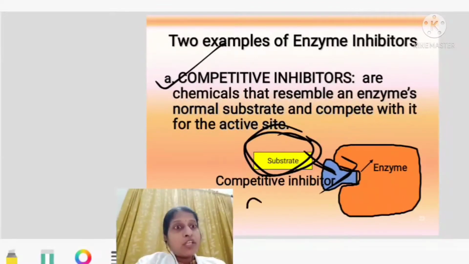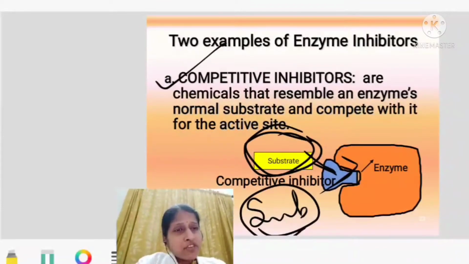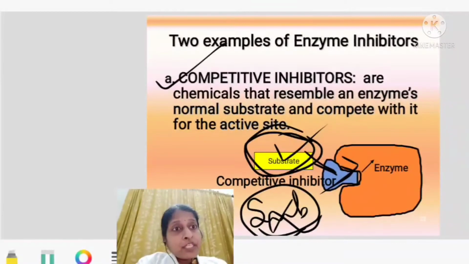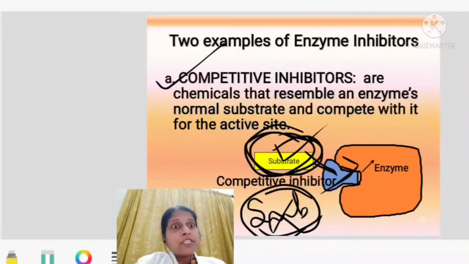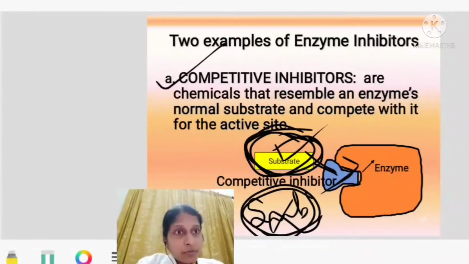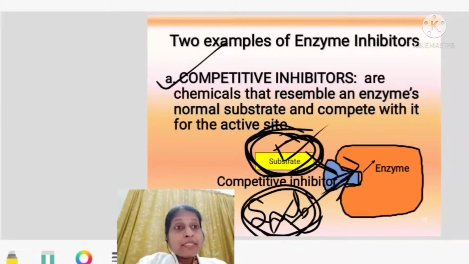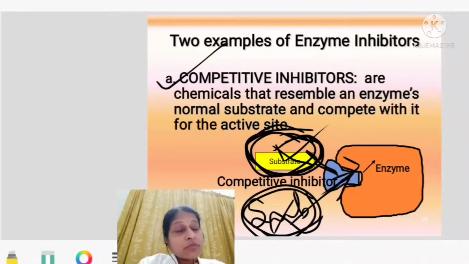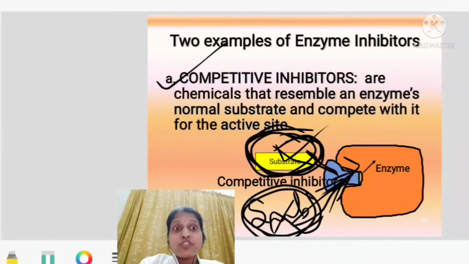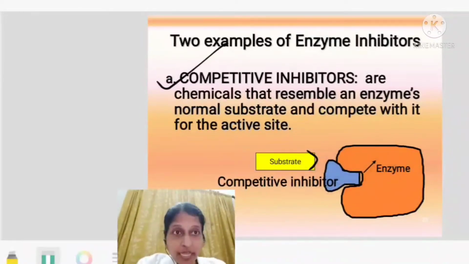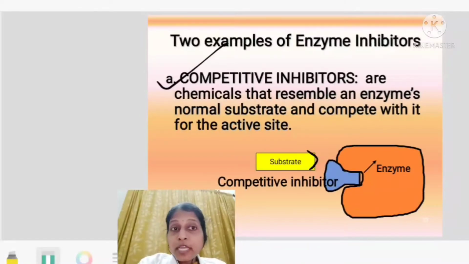But there is another substance with a structure similar to that of the substrate. Now what will happen? Instead of the substrate, this similar substance goes and attaches to the active site of the enzyme. The substrate cannot get attached because another substance has got attached to that active site. Now the substrate is not attaching, so will the reaction take place? No, it will not take place.